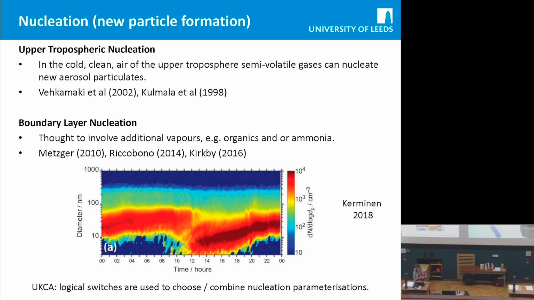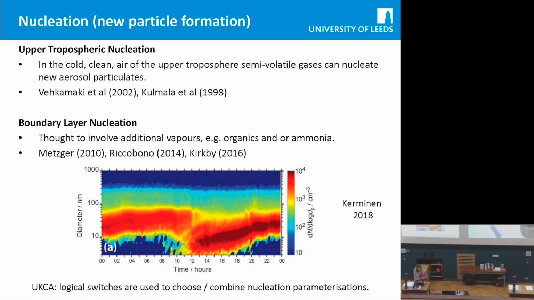In the upper troposphere, we can represent essentially the nucleation of semi-volatile gases to give us new particles. And for a long time, that's how this process was represented.